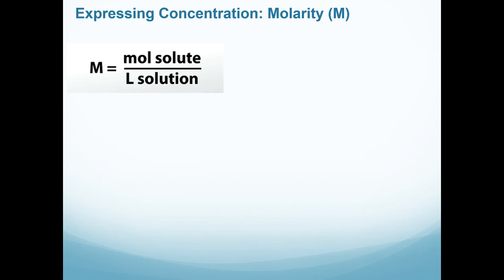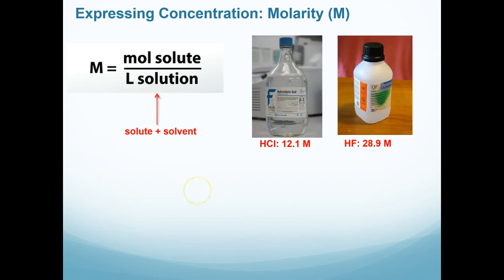Another way to express concentration is molarity. This big M is always going to stand for moles of solute over liters of solution. So it's still part, but now we're expressing it in moles over liters of solution. If we look at two examples, usually when we buy something like acid from a chemical supplier, we buy it very, very concentrated.